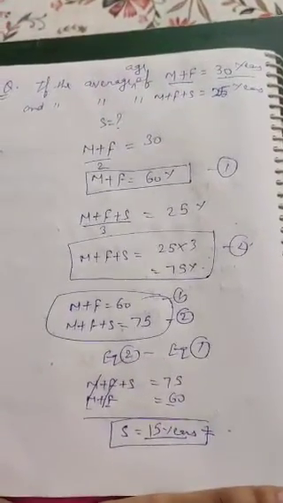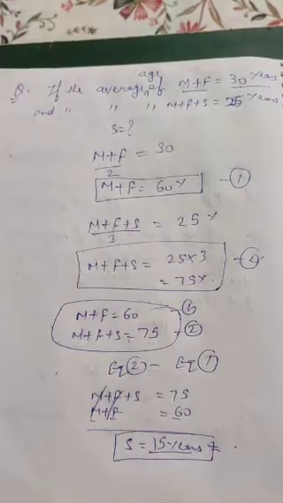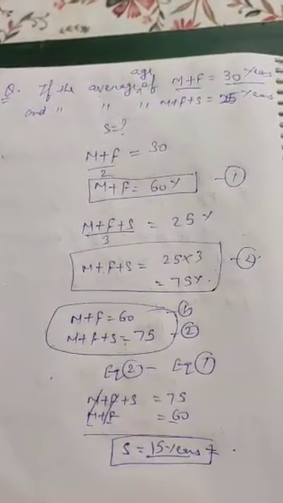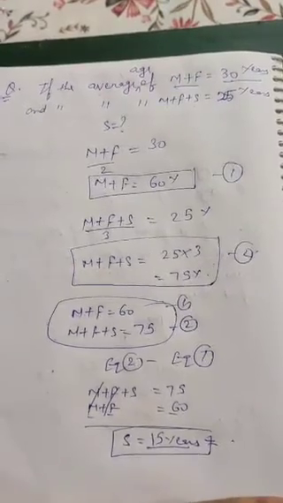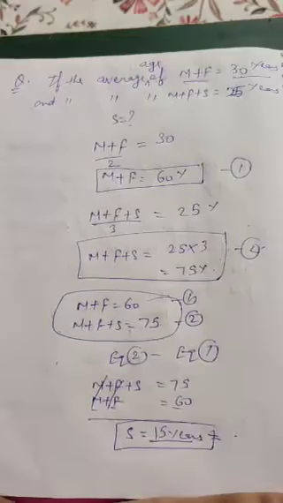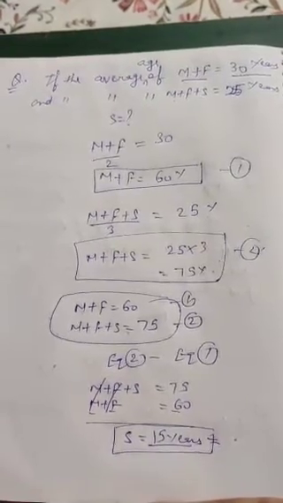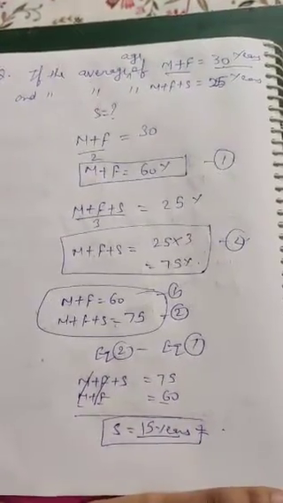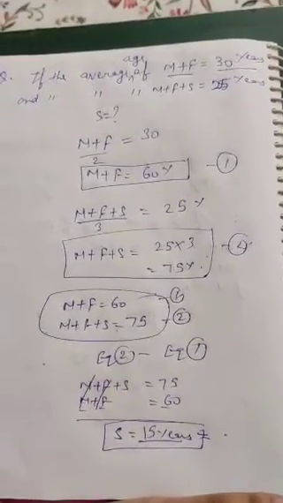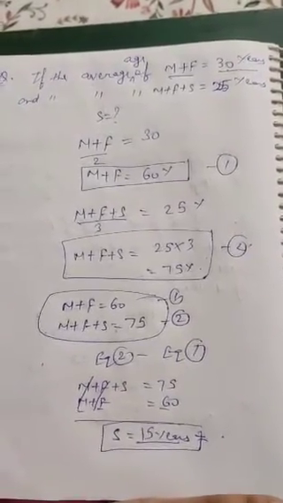Then we did two types of questions: the first, how to solve when the question is given in the form of a ratio, and the next, when the age is given in the form of average ages, like the average age of mother and father, and of mother, father and son. These are the types of questions based on the problems of ages that we discussed in this video.